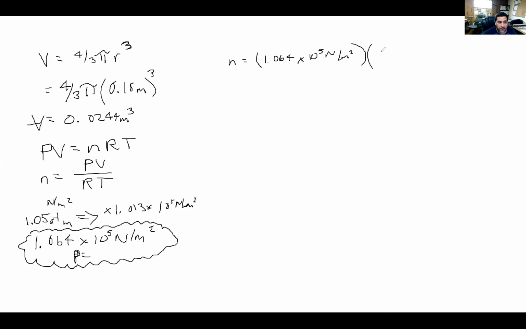I'm going to multiply that by the volume, which I figured out in the first step, 0.0244 meters cubed, divided by the universal gas constant, 8.314 joules per mole Kelvin.